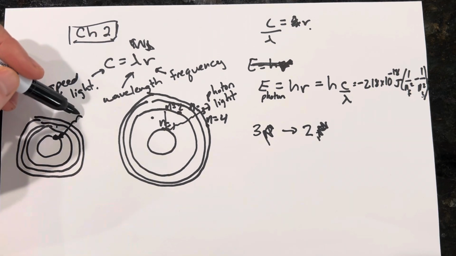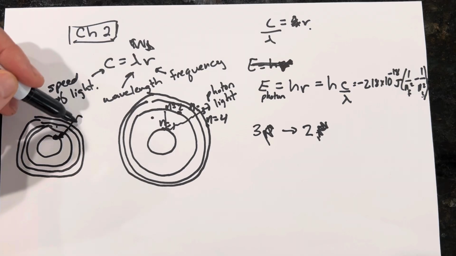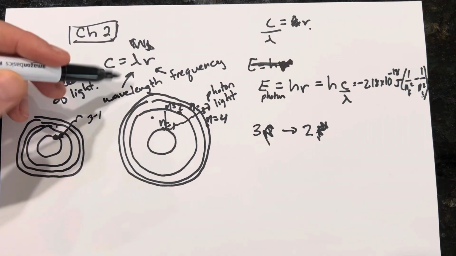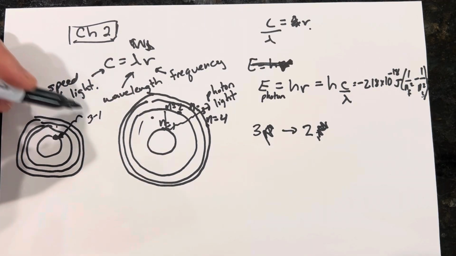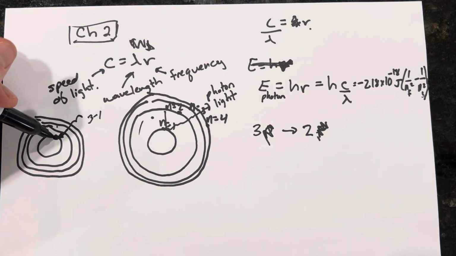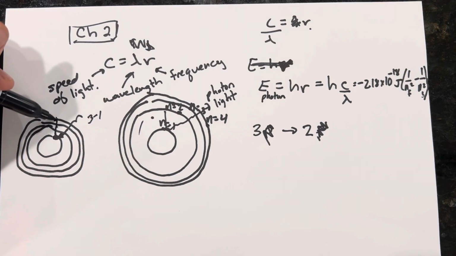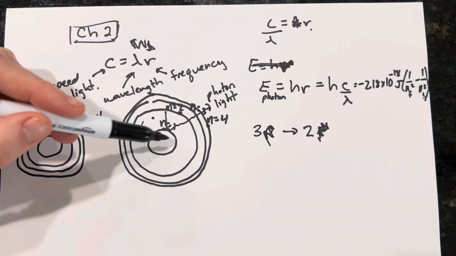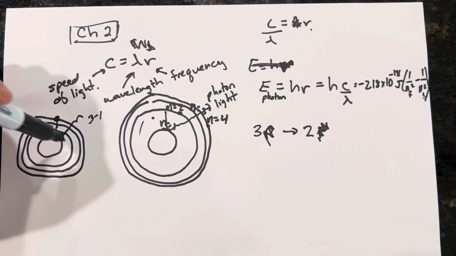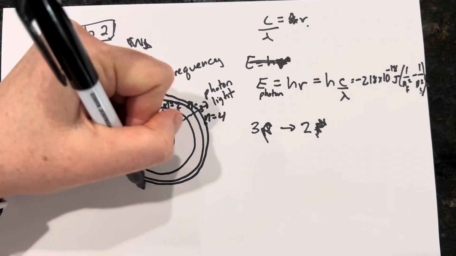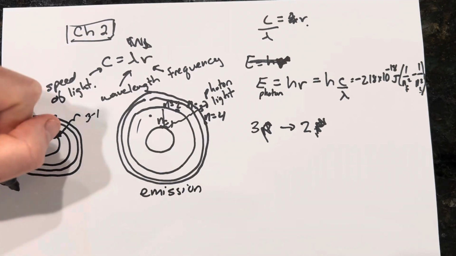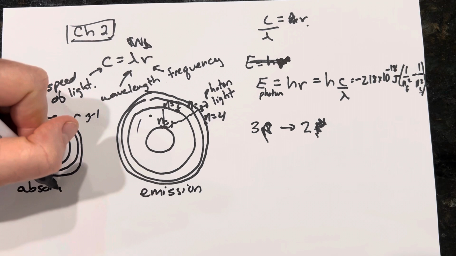So for example, if this electron was coming from something that was a 3 to a 1 from an atom over here, then this one would go from a 1 to a 3. So whatever energy level this atom gives off is what this one over here absorbs. So we call this side emission, and we call this side absorption.